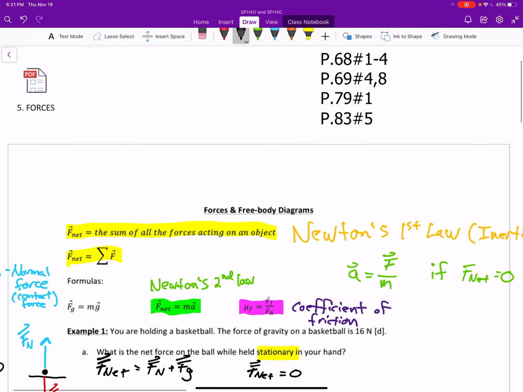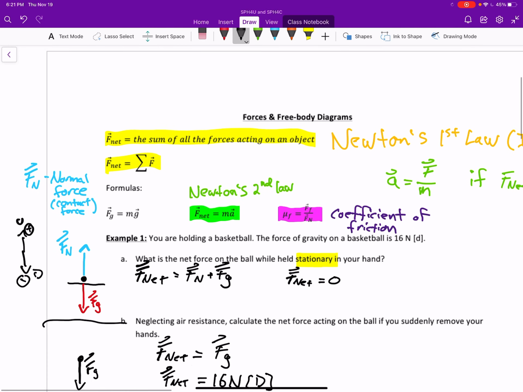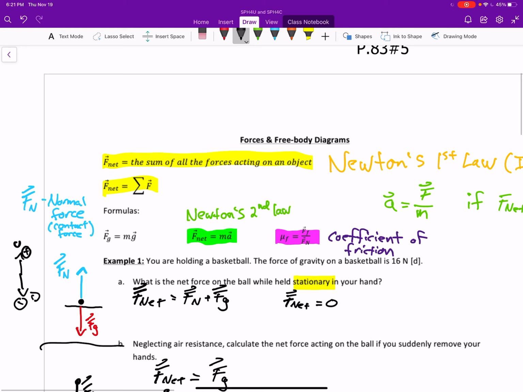Sorry, it gets so messy so quick, doesn't it? And I just want to say that 1 newton is equal to 1 kilogram meter per second squared. So a funny unit for the newton, so obviously kilogram meters per second squared is kind of strange, right?